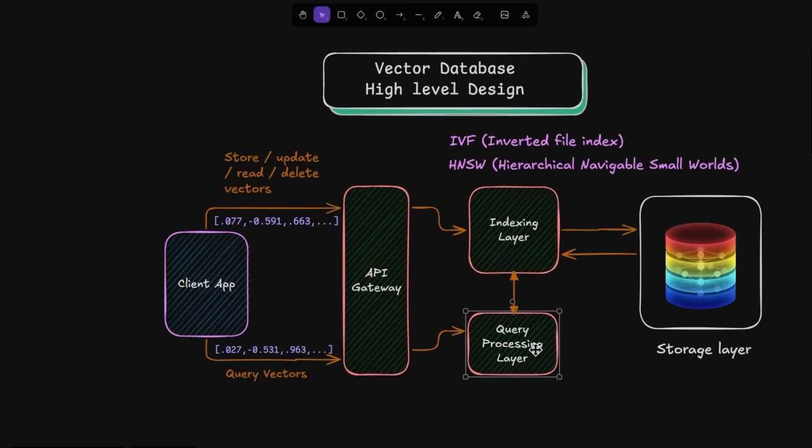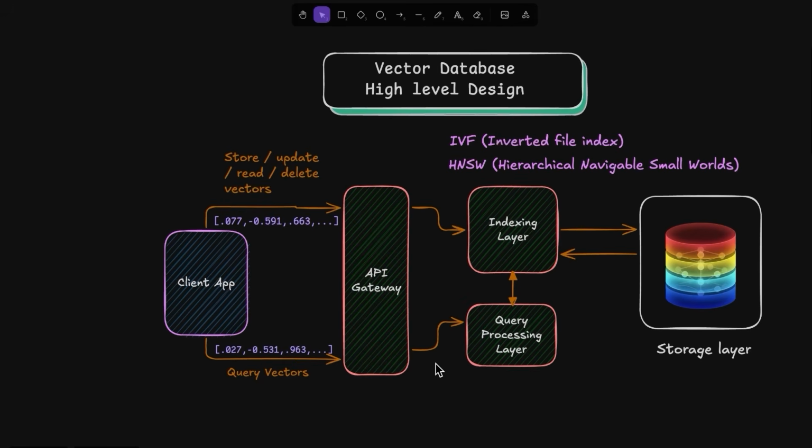This layer handles those incoming search queries and coordinates with the indexing layer and the storage layer. This is where it uses techniques of filtering and ranking those results once they are fetched. So that's the responsibility of the query processing layer. Just to recap, these are the key components that you would find in any vector database.